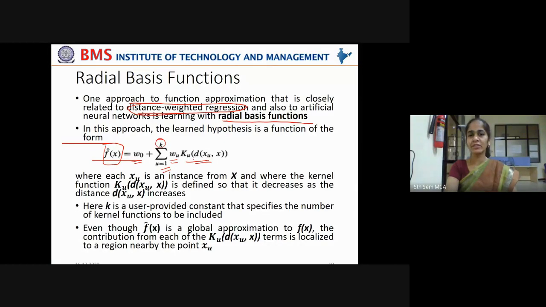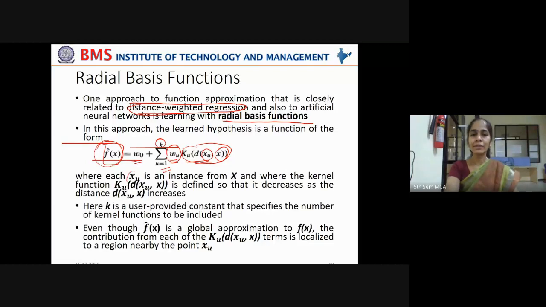Instead of q, we are taking it as u now, where u is the instance. That function is multiplied by the weight associated with that attribute, and all such weights are added, and that will give you the approximated value of x.